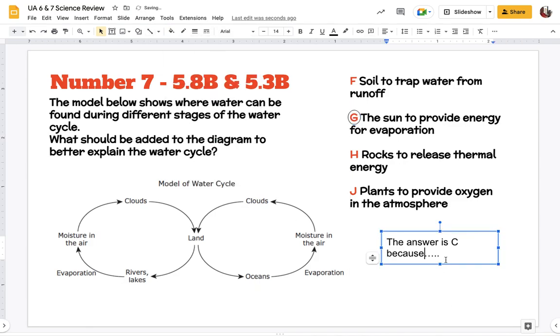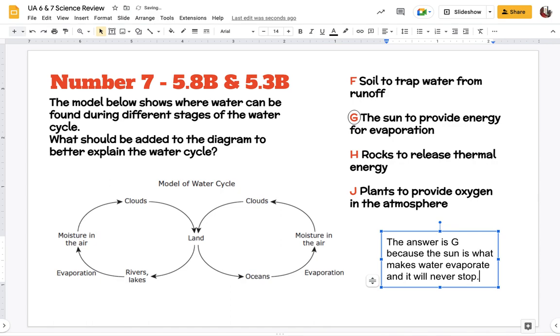So I circle G. So the answer is G, because the sun is what makes water evaporate, and it will never stop.